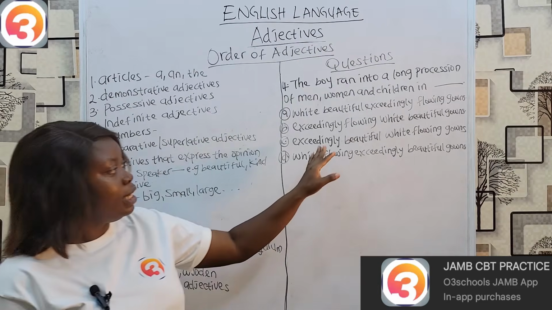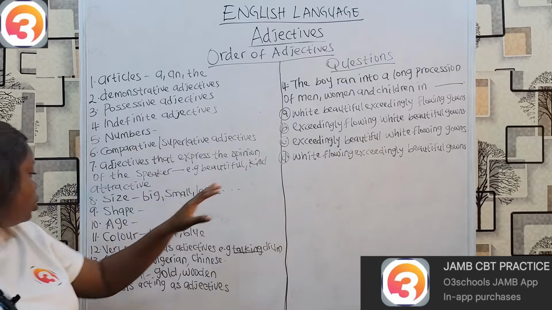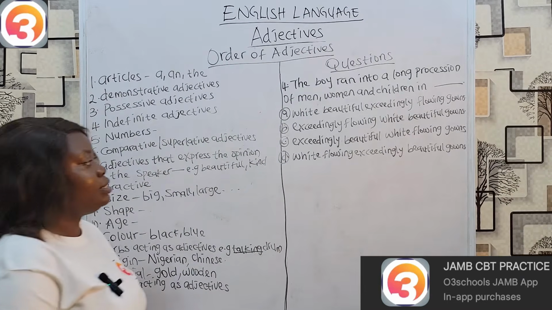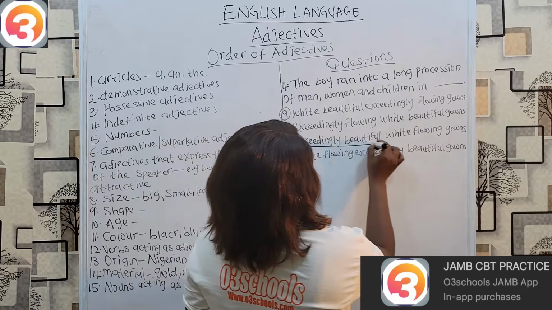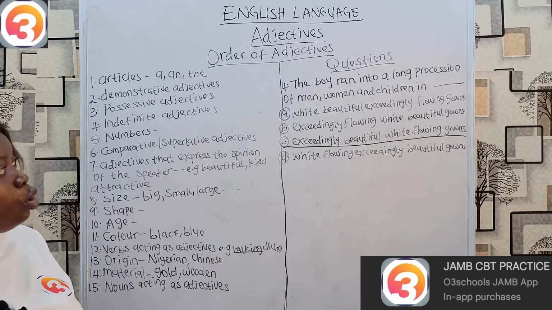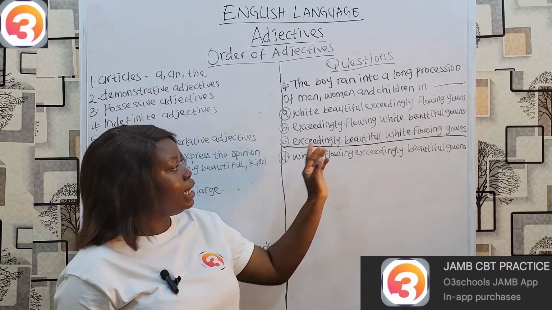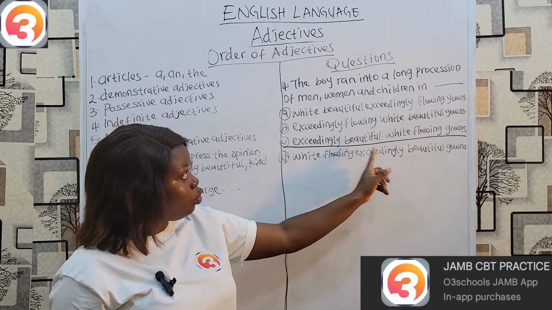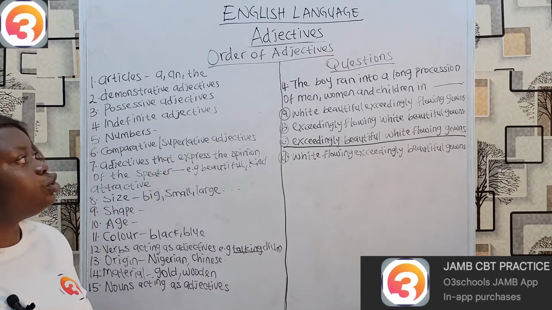So that should come first. Exceedingly beautiful. Next, we have color coming before verbs acting as adjectives. So our answer here becomes exceedingly beautiful white flowing gowns. The boy ran into a long procession of men, women, and children in exceedingly beautiful white flowing gowns. This is the correct order that those adjectives should stay in.